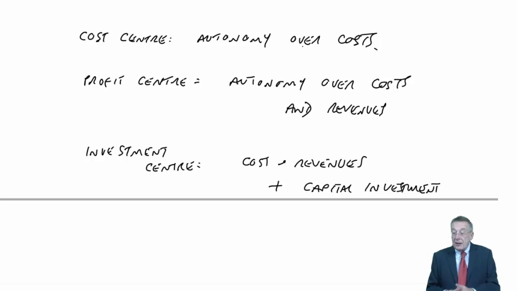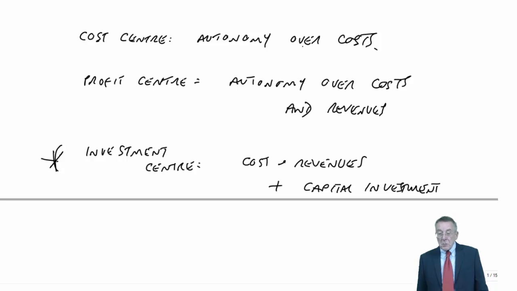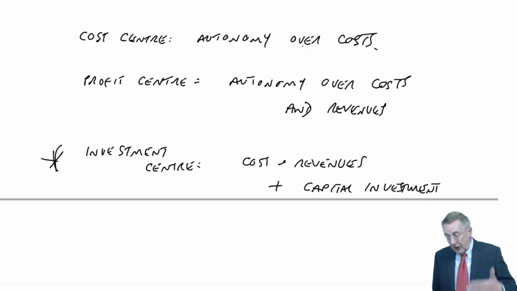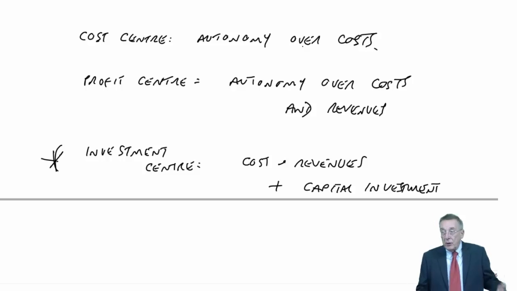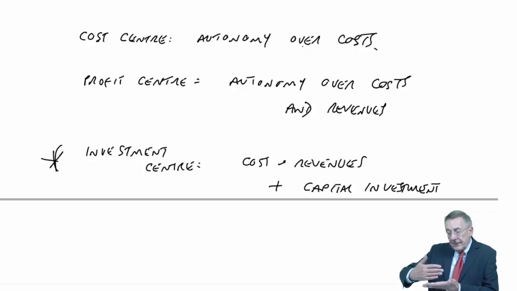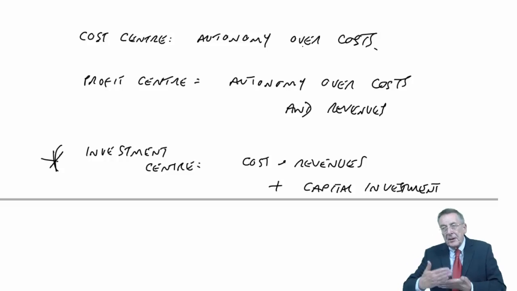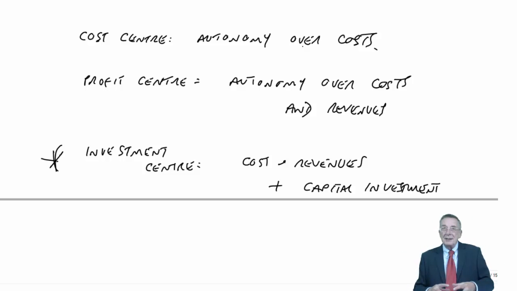An investment centre, though, which is the big one for what's coming. I will be looking at costs, I will be looking at revenues, I will be looking at profit margins. But if I'm allowing you to make decisions about capital investment, I want to make sure that you're making decisions whereby I'm happy you invest capital, but I want to make sure you're getting enough profit on that investment.